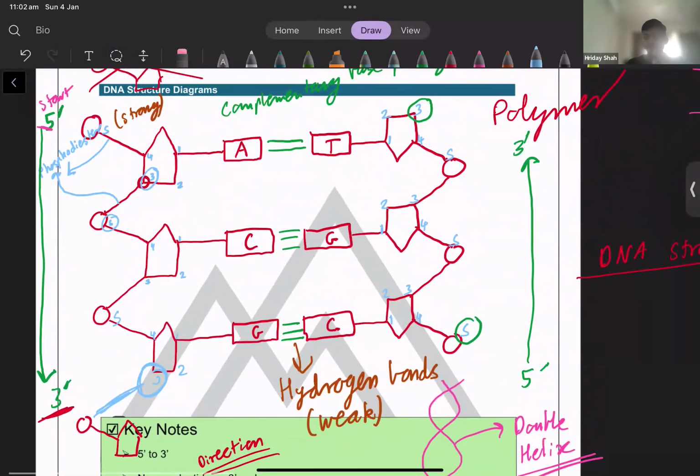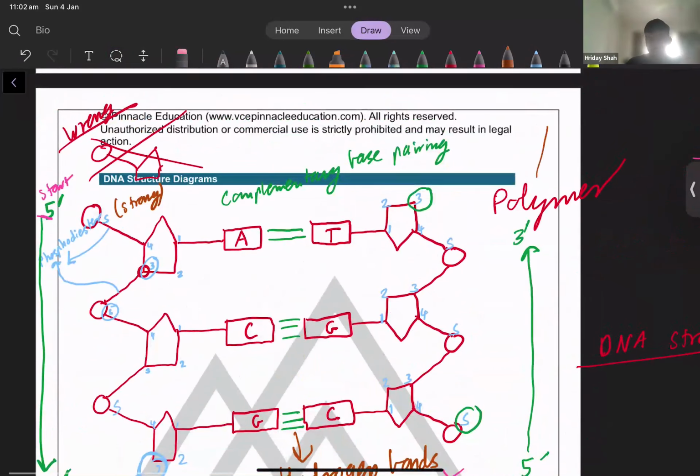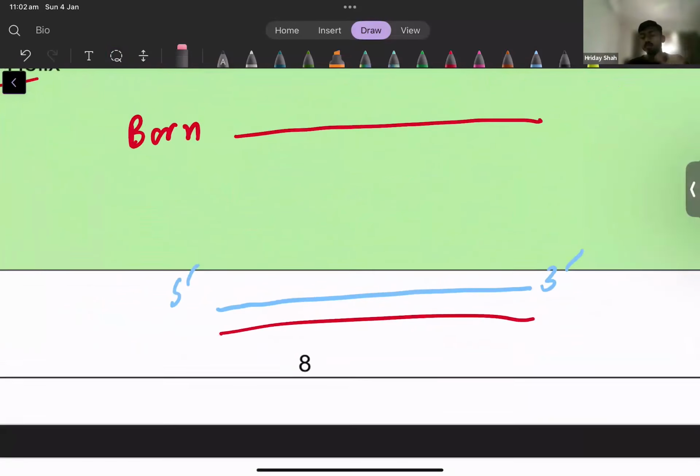But if this represents a full length of DNA, right, you can't extend 3 prime here and 3 prime here because they wouldn't line up. So once DNA is fully formed, you can't add more nucleotides. It's in this growing phase that we're talking about, where you're adding nucleotides on the 3 prime or this side. Does that answer your question? Yeah, I got you. Yeah, good.